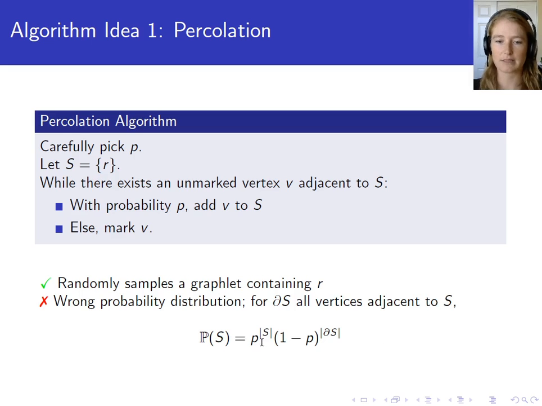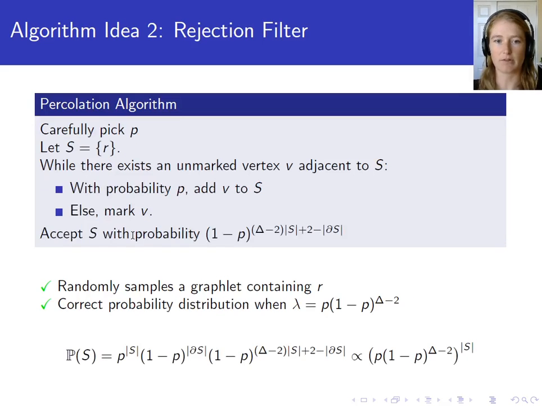But remember, we wanted to sample them with probability proportional to lambda to the number of vertices in S. So this first term looks good. That looks similar to what we wanted. But the second term with this boundary of S term is not what we wanted to have in our distribution. So the way that we are going to deal with the fact that this percolation algorithm gives us a subgraph with the wrong probability is to add one extra step into our percolation algorithm, which is a rejection filter.